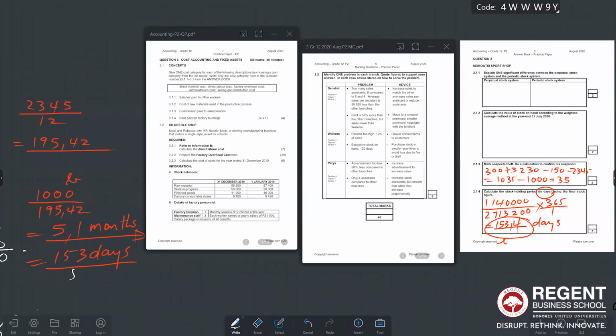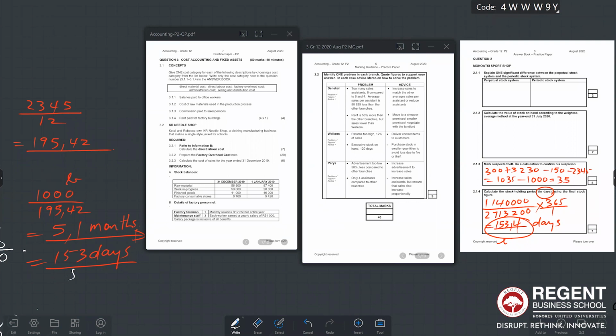Then prime cost, that is your direct material plus direct labor plus factory overhead, will give you total manufacturing cost. You must know your production cost statement. If you know it, you're already confident when you go into the exam room. Then you will say work in process beginning of the year minus the work in process at the end will give you the cost of production.